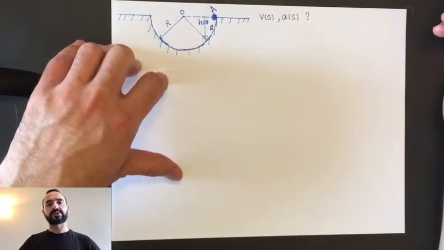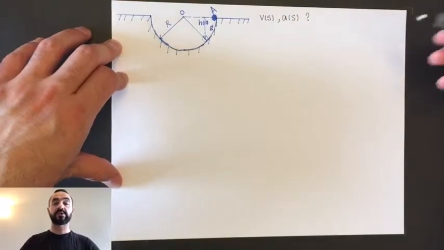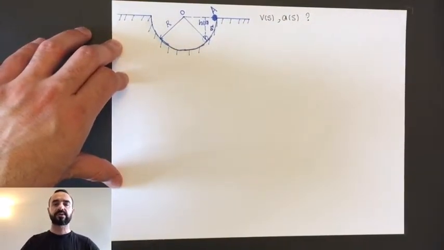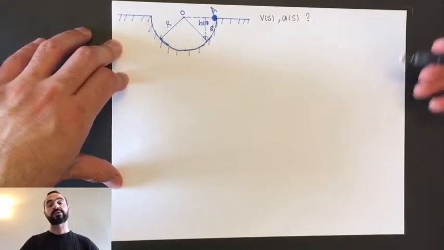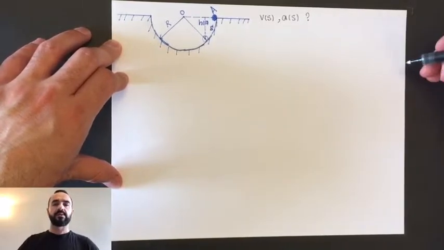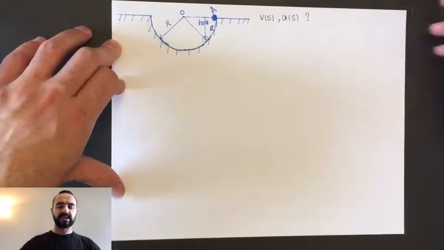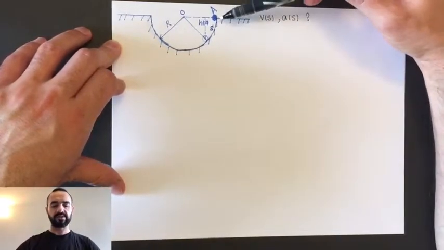There are different ways to describe velocity and acceleration. In other words, there are different coordinate systems you can use to describe velocity and acceleration. And you've got to choose the coordinate system which makes it easier to study the desired motion. In this case, this object is released along the circular path.